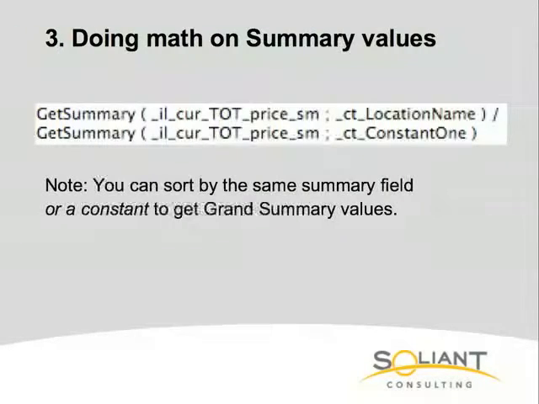In the help text, it suggests that you use the same summary field. So in this case, it would do total price SM divided by total, defined to break by total price SM. But in our case, we needed to use a constant for other reasons, and either one works the same way.